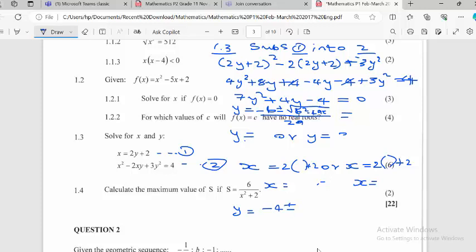I should have just said 16. Minus 4, bracket 7, right? And negative 4. So 2 times 7. And when you solve, clearly you will have y is equals to, yeah?